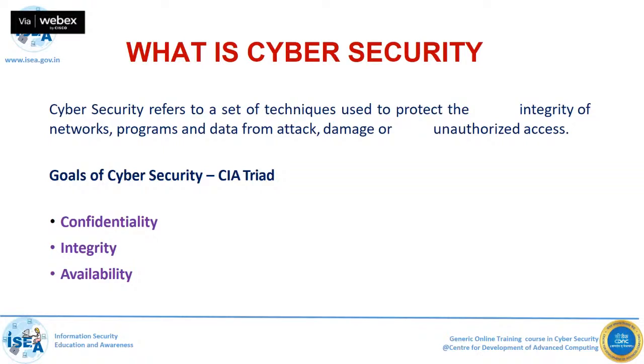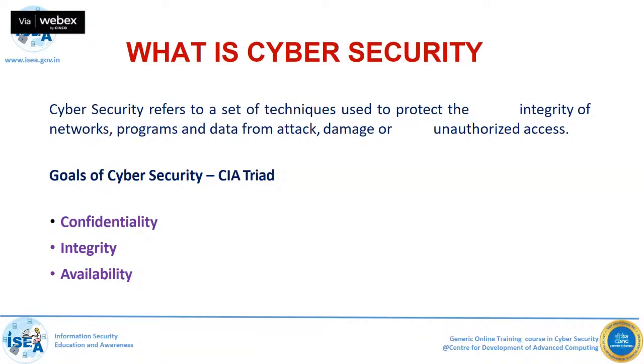In information security, there are three aspects: confidentiality, integrity, and availability. Confidentiality means when you are sending a message, no one else should see it. For example, you sent a message saying hi, but the person received hello. There is a change in the message, so someone has changed hi into hello.